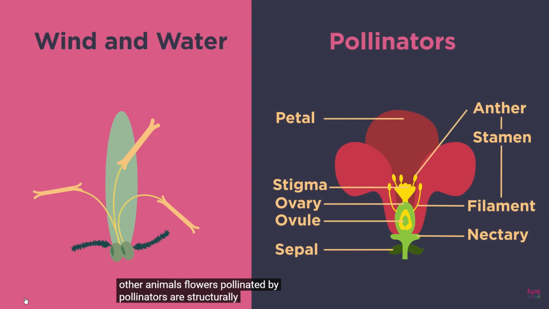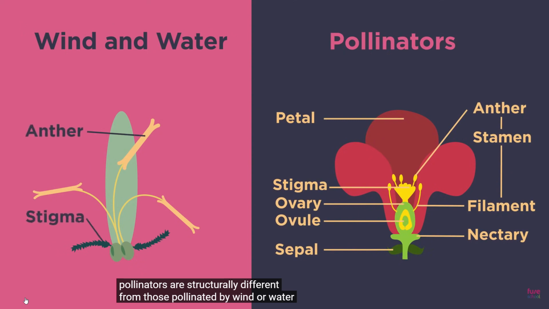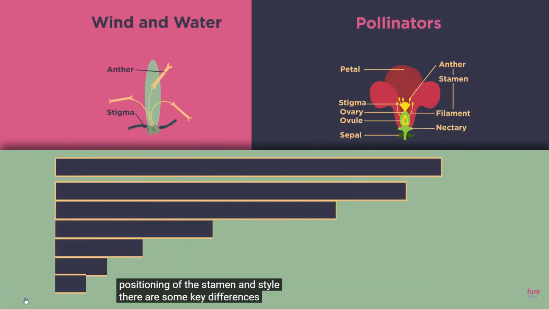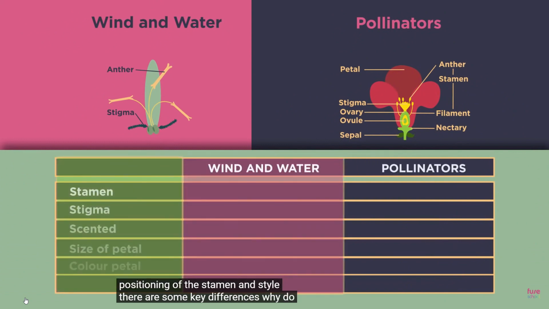Flowers pollinated by pollinators are structurally different to those pollinated by wind or water. Look at the differences in size, scent, and color of petals, and the positioning of stamen and style. Here are some of the key differences. Why do you think they are different?